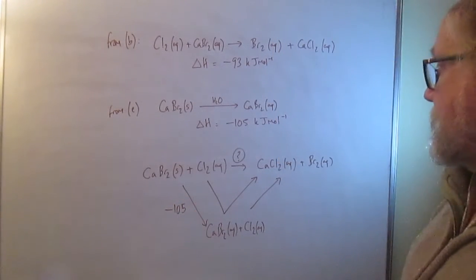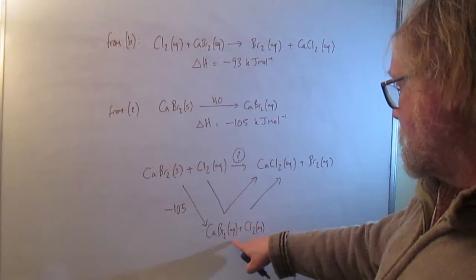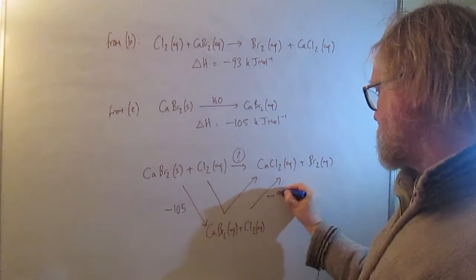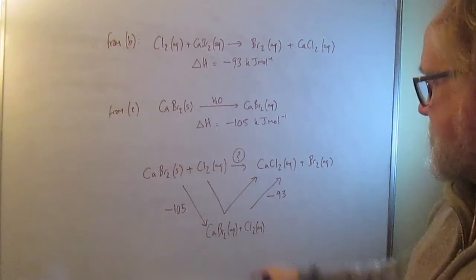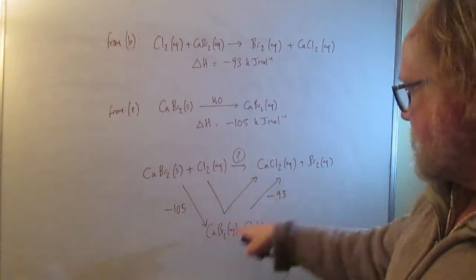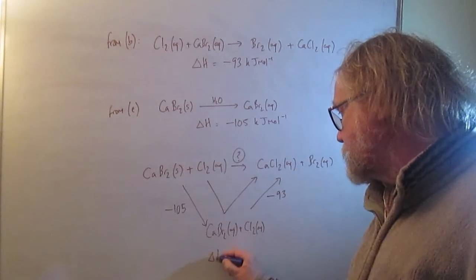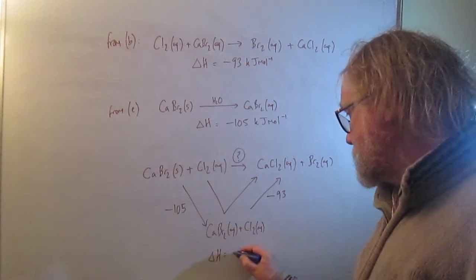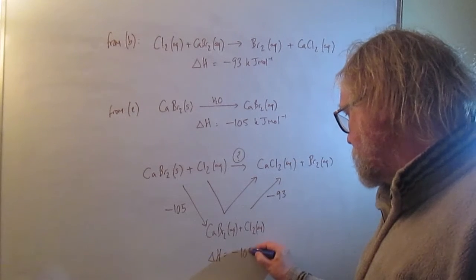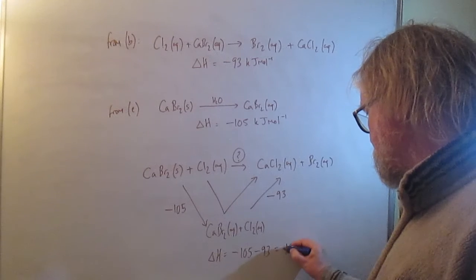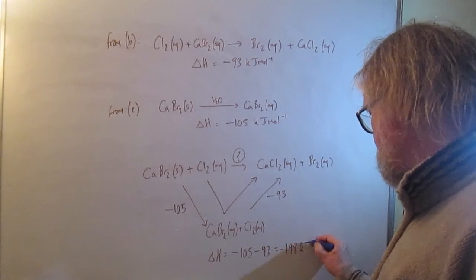The second step is the reaction of aqueous calcium bromide to form aqueous calcium chloride, so that's this one, is minus 93. And you can see that the 2 legs of our journey both go the same way as the arrows we've put on there. So delta H, the one that we want, is simply minus 105 minus 93 is minus 198 kilojoules per mole.